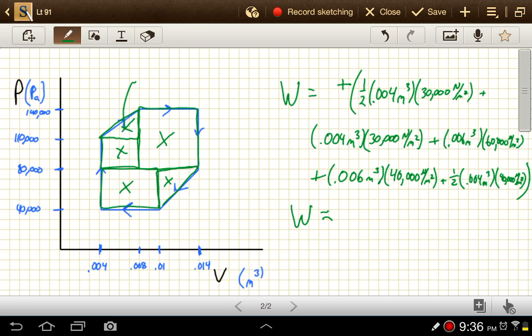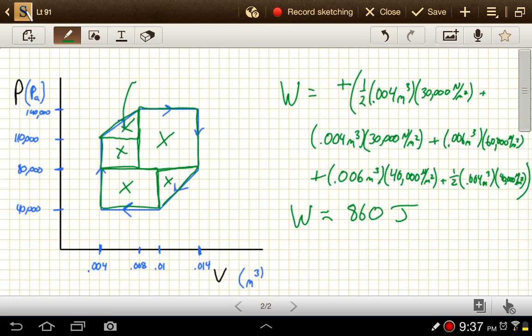We'll have 0.004 times 1/2, which is 0.002, times 30,000, plus 0.004 times 30,000, plus 0.006 times 60,000, plus 0.006 times 40,000, plus 1/2 times 0.004, which is 0.002, times 40,000, and we get a total work done of 860 joules.